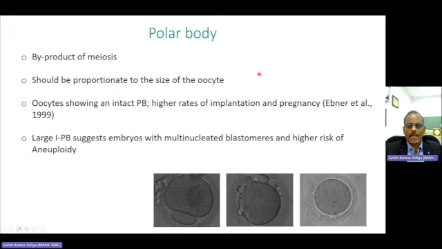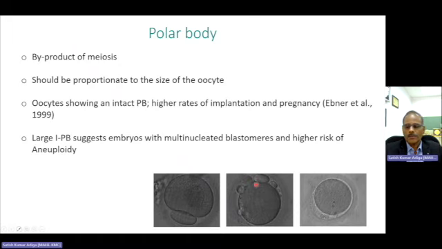The polar body is a dynamic structure located in the perivitelline space, and it is the byproduct of meiosis. The size of the polar body should always be proportionate to the size of the oocyte. The polar body can also undergo fragmentation, as you see here in this picture, and that gets confused with inclusions or debris in the perivitelline space.